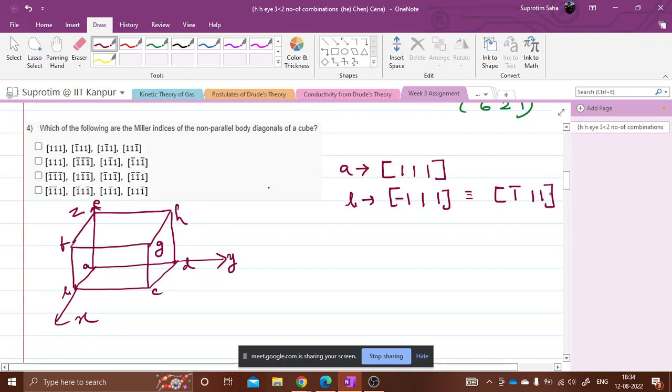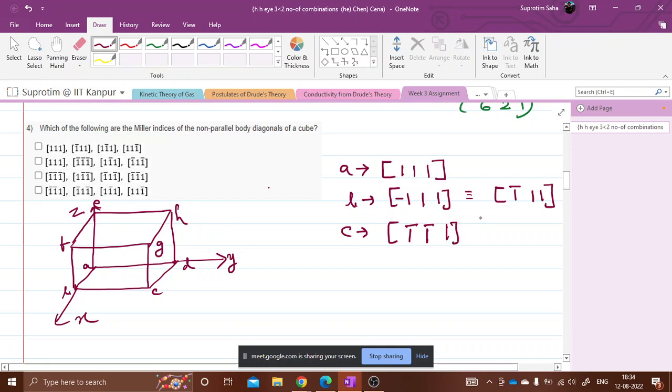Now for C, you have to go to E, right? So you have to go negative in X, negative in Y, and positive in Z. So 1 bar, 1 bar, and 1, right?